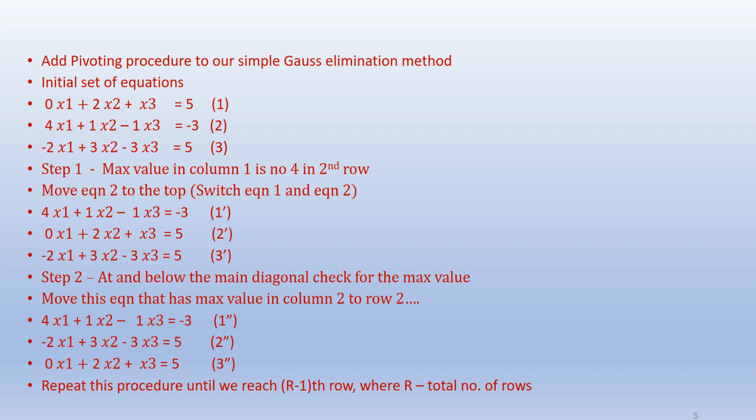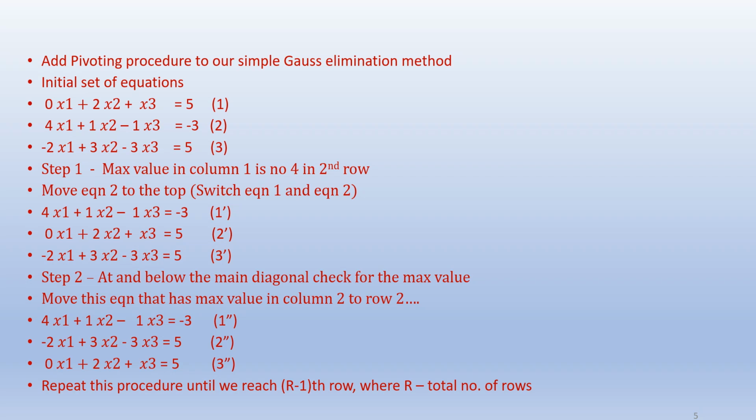We find that the number 3 in the third row has a higher value than the number 2 in the second row. So we once again interchange row number 3 with row number 2, and we get the set of equations given as 1 double dash, 2 double dash and 3 double dash.